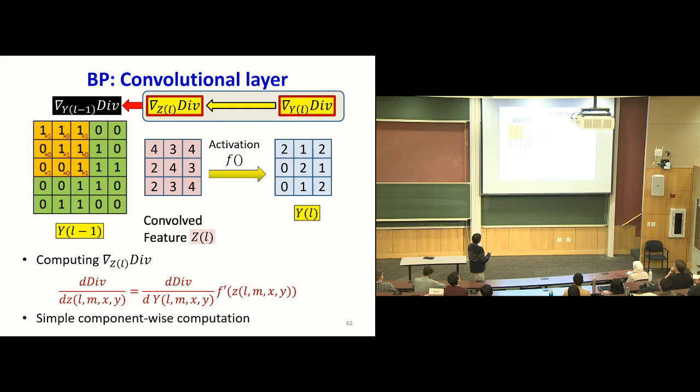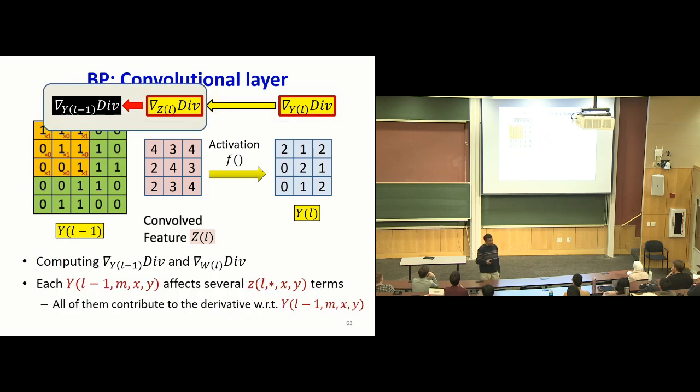The derivative of the divergence with respect to any z is simply the derivative of the divergence with respect to the corresponding y times the derivative of the activation at that z. This is just, again, straightforward, what we've done in the past, nothing new. So the derivative of the divergence with respect to z is the derivative of the divergence with respect to y times the derivative of y with respect to z, which is simply the derivative of the activation function.